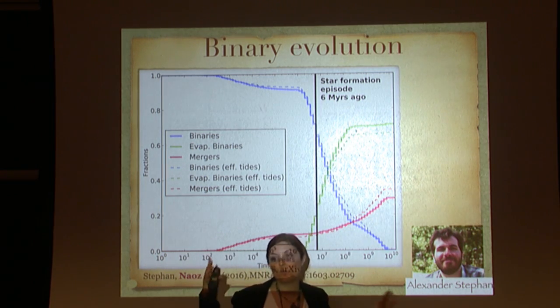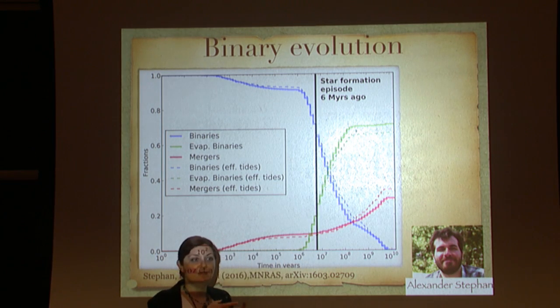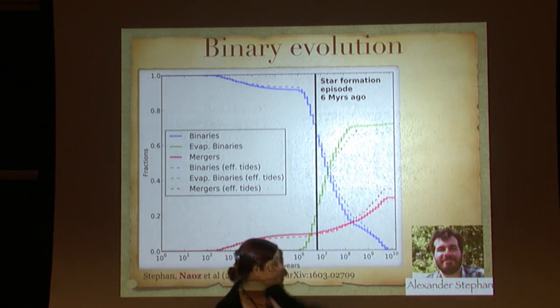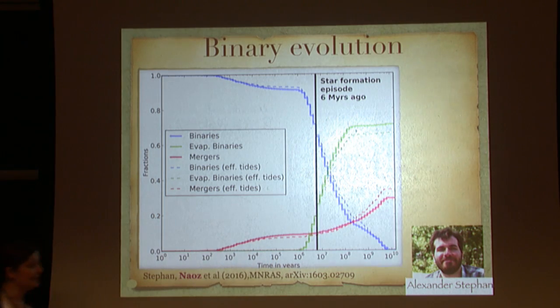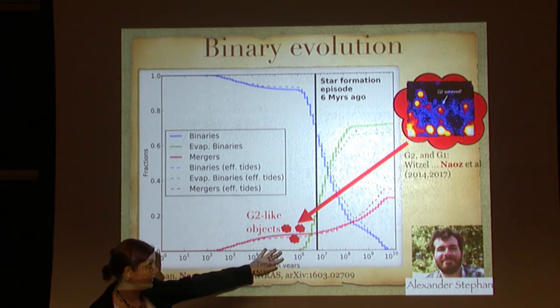And also those whitish binaries that didn't quite have enough eccentricity to tightly lock them, but they were in the right regime, also merged here. So this is what we see here. And then a possible interpretation is that these guys here are the G2-like object that we heard about quite a bit.